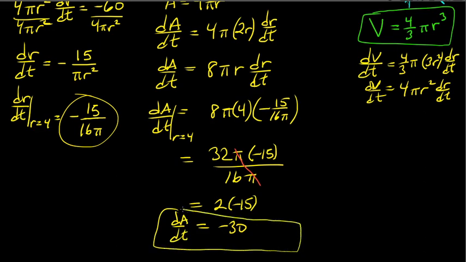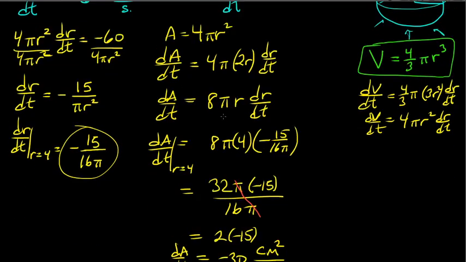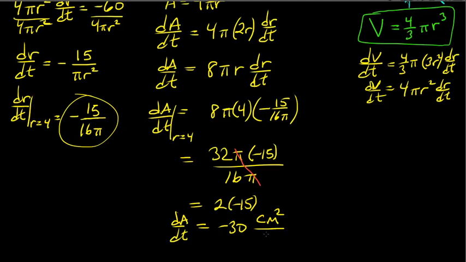But negative 30 what? What are the units? Area is square centimeters. Time is seconds. So there we go. Negative 30 square centimeters per second.